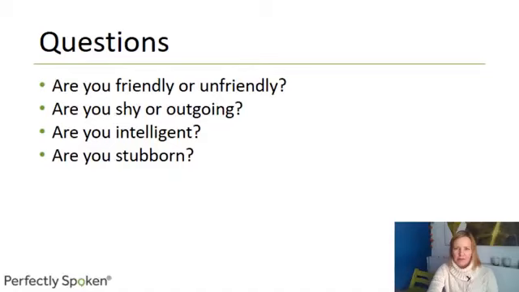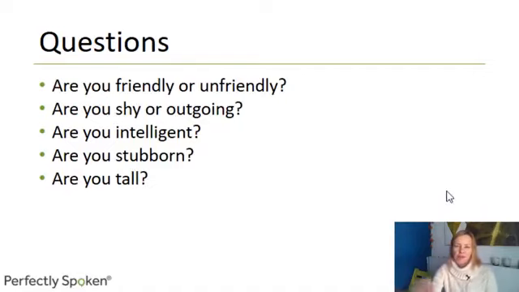That's stubborn. Somebody who really doesn't change their opinion. Okay. So yes, I know somebody in my family who is very stubborn. Do you have somebody in your family who's very stubborn, or are you stubborn?